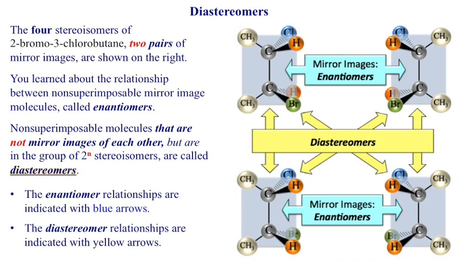The diastereomer relationships are indicated with yellow arrows. It may be helpful for you to understand the relationship between enantiomers and diastereomers by using a family relationship analogy of siblings for enantiomers and cousins for diastereomers. You'll see more enantiomers, diastereomers, and geometric isomers throughout the biochemistry in this course.